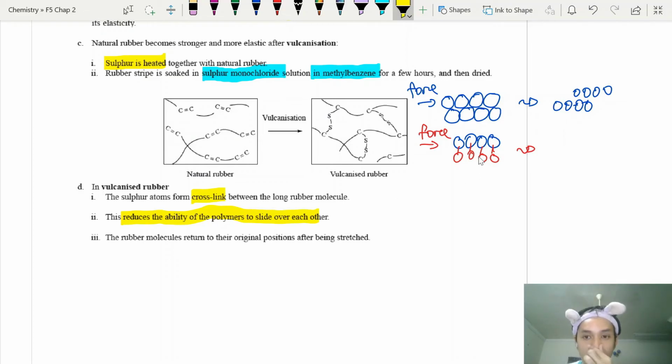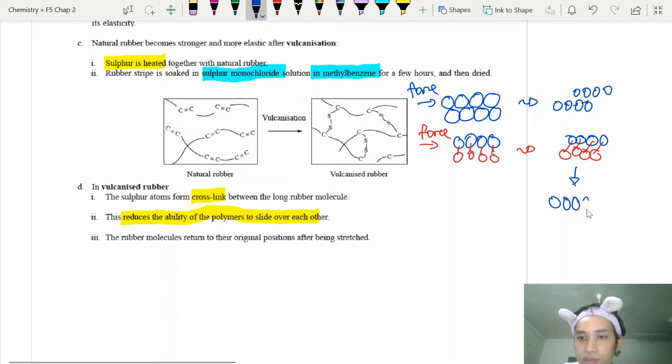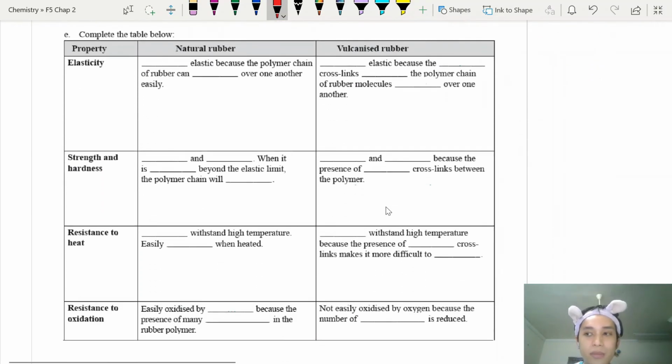So when I apply the force, they are still going to be pushed over, but because I have a string attached to the particles, the string is going to pull back so that it can return to its original shape. That is how the vulcanization process helps to maintain the elasticity of natural rubber. That's the advantage of natural rubber, basically.